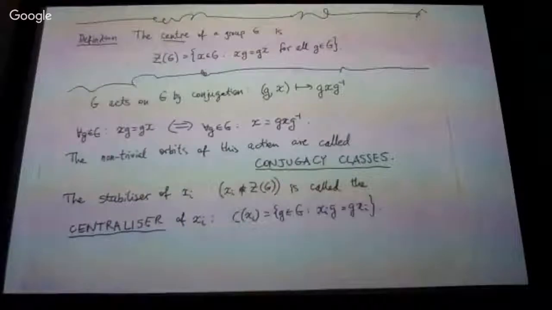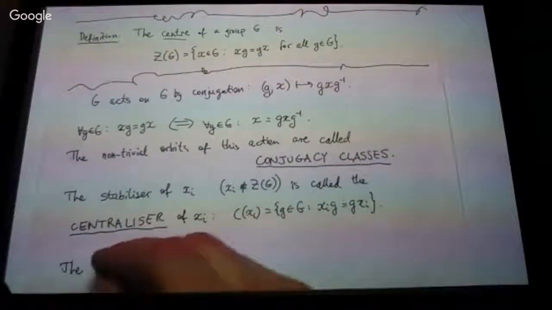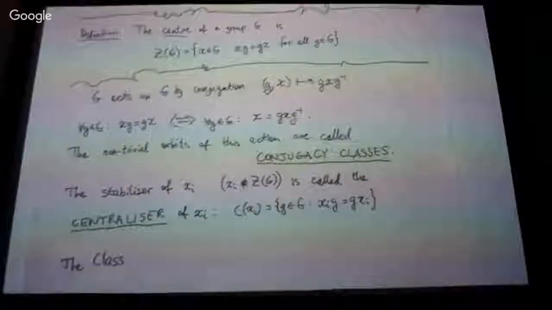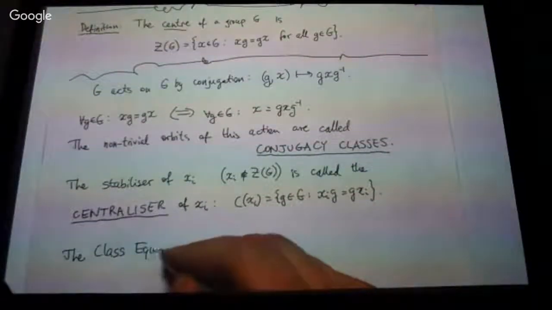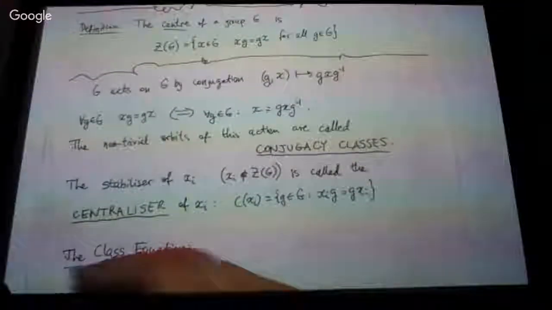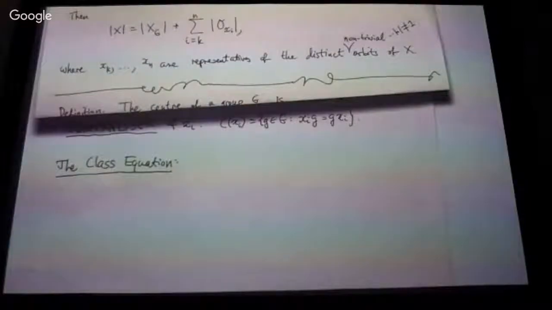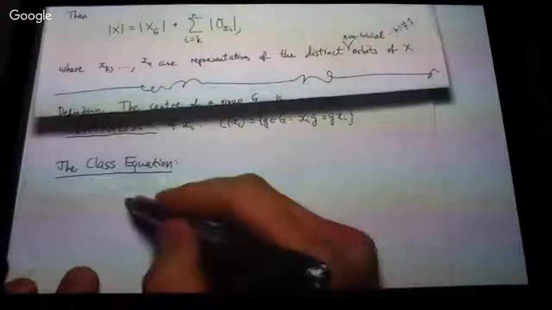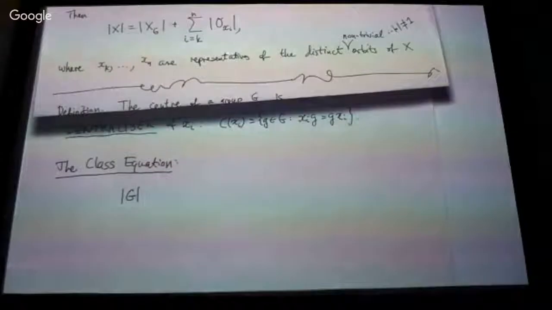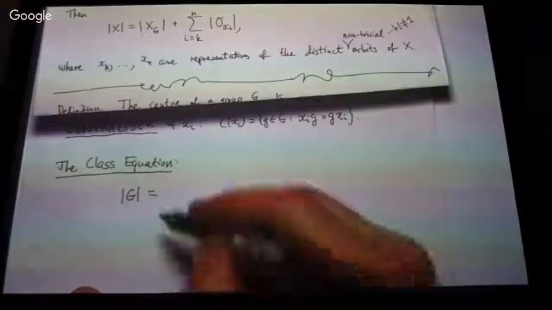Okay, so the class equation is: the size of G, now G is acting on itself, is the size of the fixed set, which we said was the center.